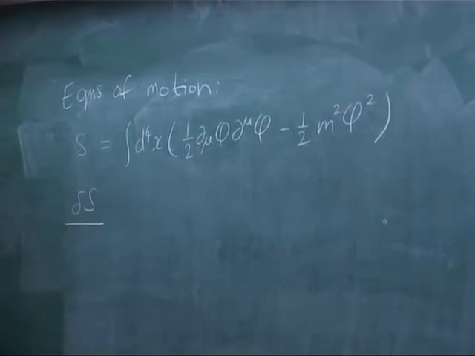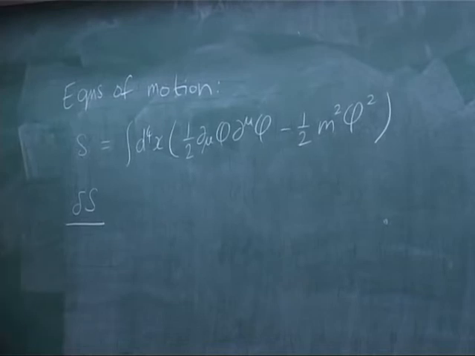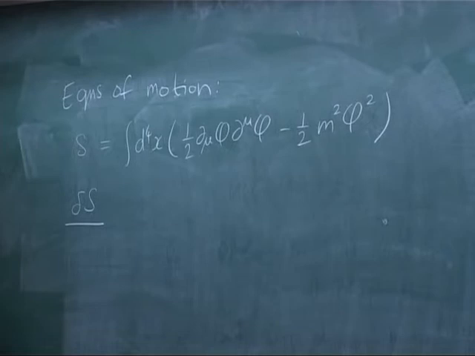Exactly what we do for particles in particle mechanics, where we say that the variation of S with respect to x of t is 0. This is the principle of stationary action. So it's the same here.